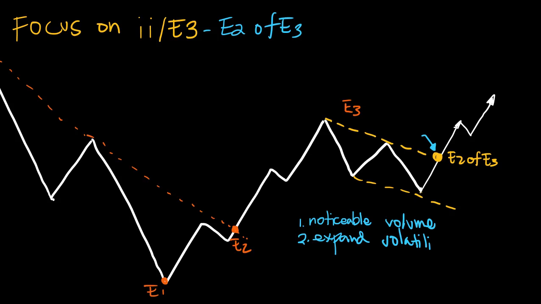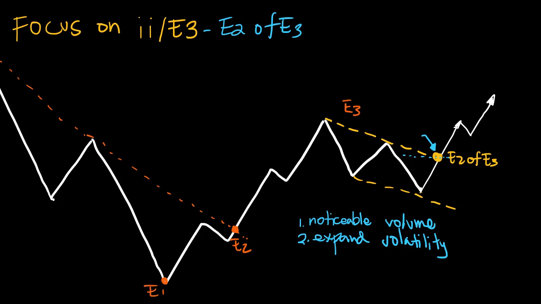Breakout traders can use the smaller DCS channel as a pivot point for an E2 of E3. Note that we also use this channel as a warning sign for invalidation. That is, if prices move back into the smaller DCS, we will be careful monitoring our positions.